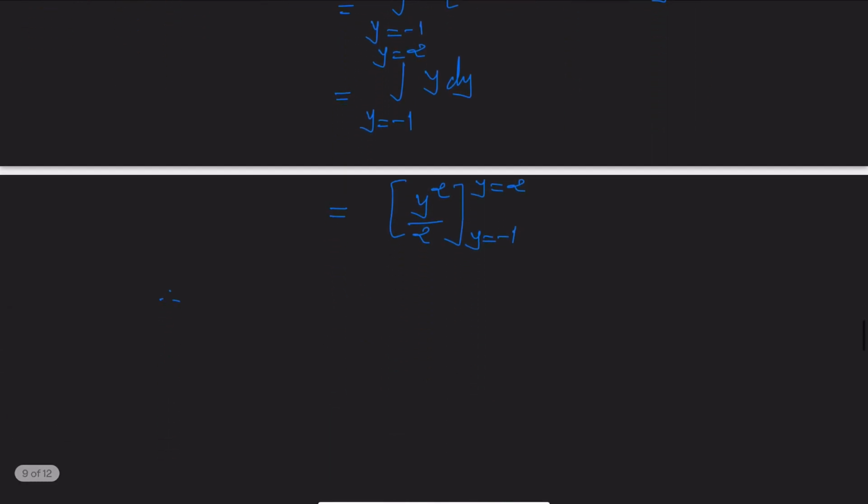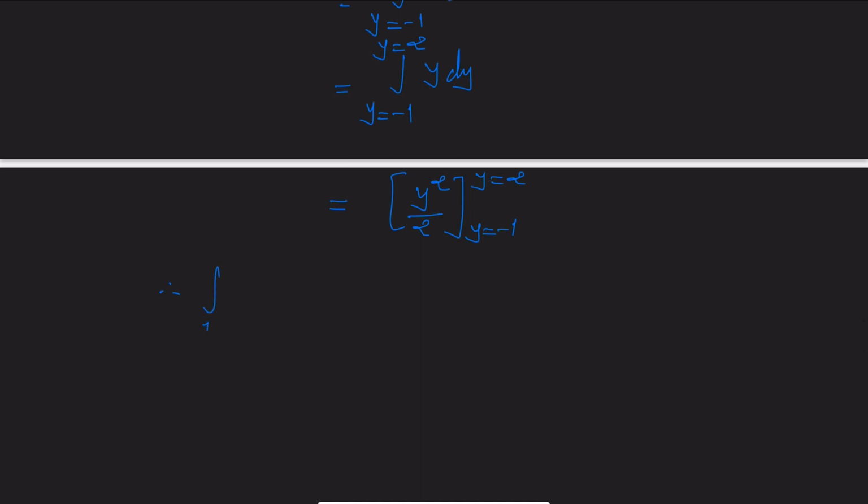Therefore the integral is equal to 1 upon 2 into 2 square is 4 minus 1 square is 1, and this is equal to 3 divided by 2.